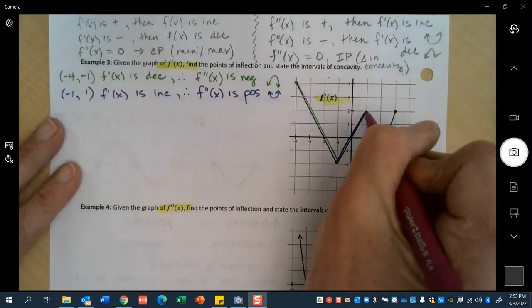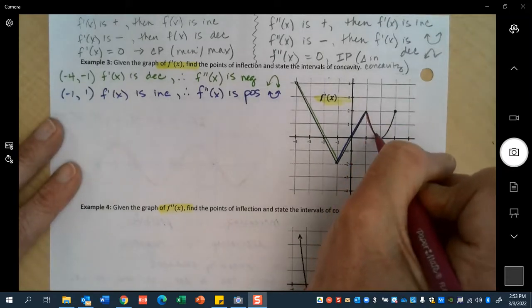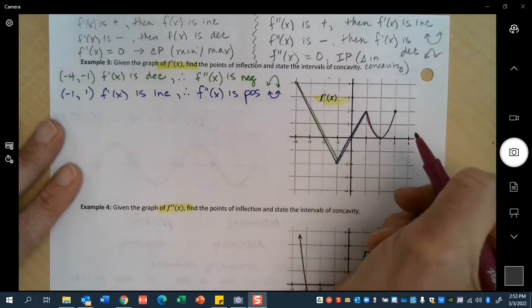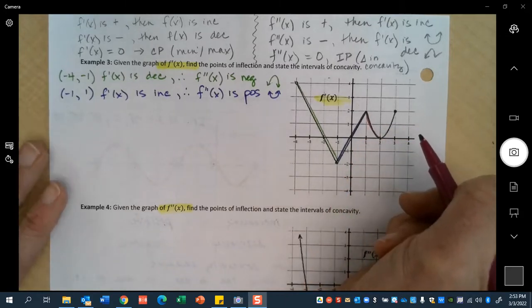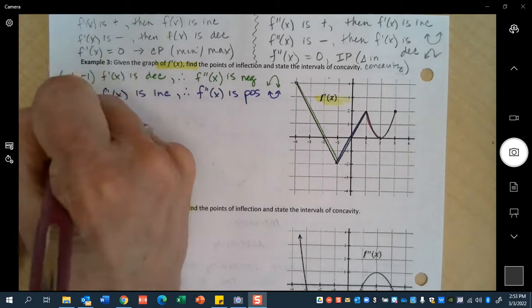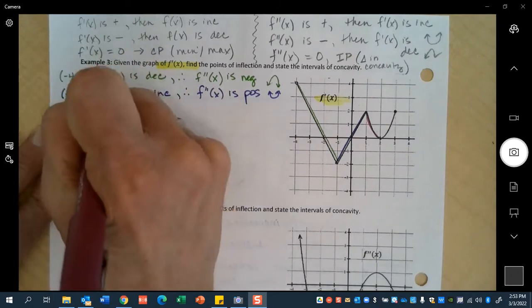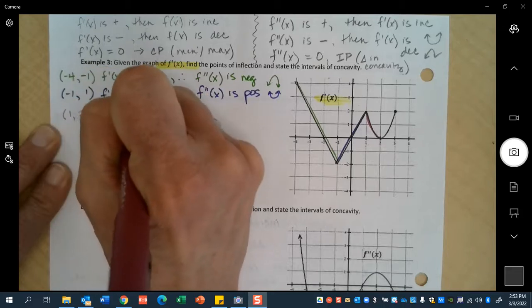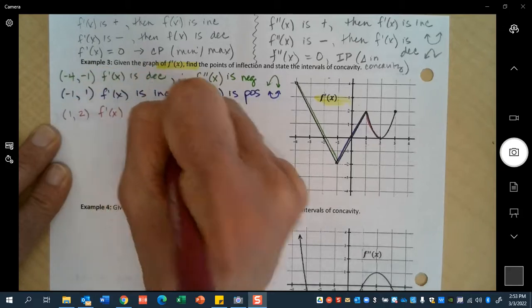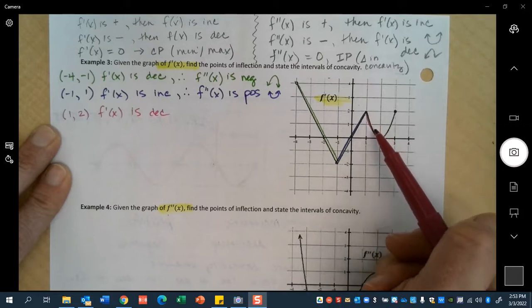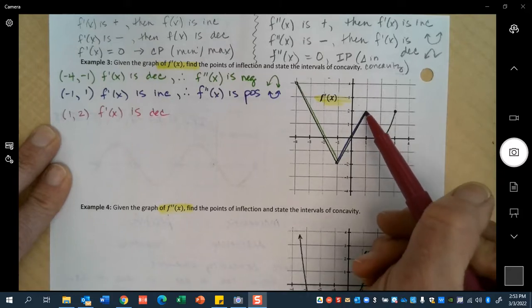As I look here, my derivative graph is decreasing on the interval of 1 to 2. That derivative value is getting smaller and smaller. It had a slope of 2.